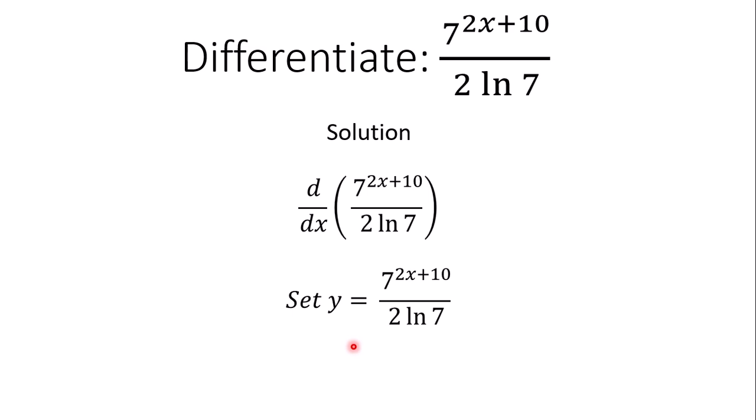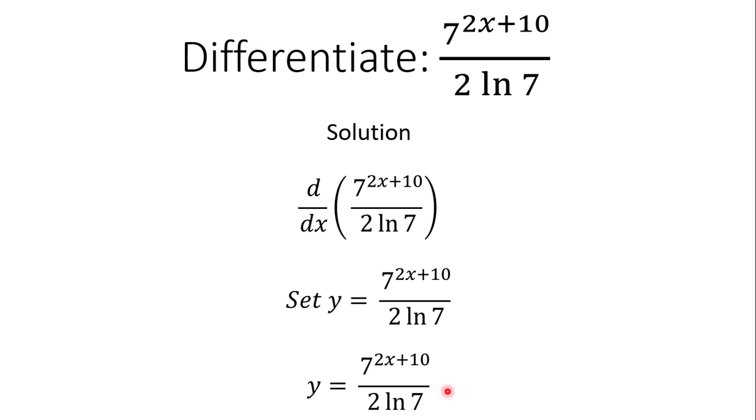Now let's write our equation. y is equal to 7 raised to the power 2x plus 10 divided by 2 ln 7. Though it's an equation, we want to make it a linear equation, in a linear form.